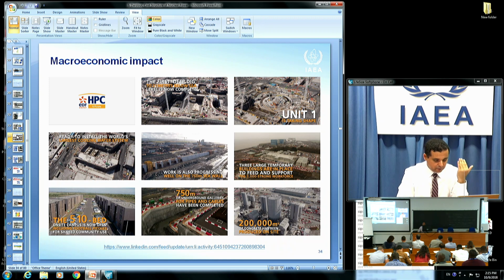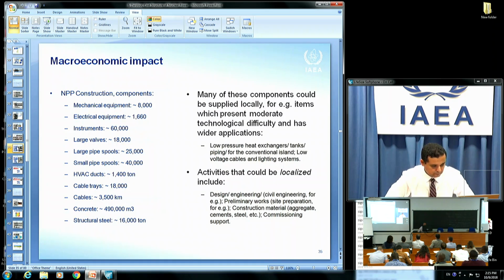And slide 35. When a country decides to build a nuclear power plant, there are actually many components which could be supplied locally, fabricated locally. So on the left-hand side of the slide, I'm just enumerating some numbers regarding the typical number of components a nuclear power plant has.